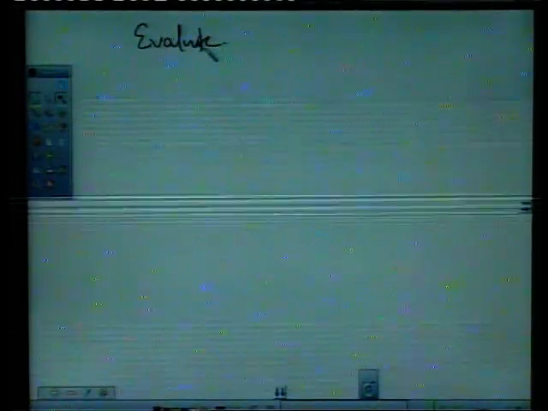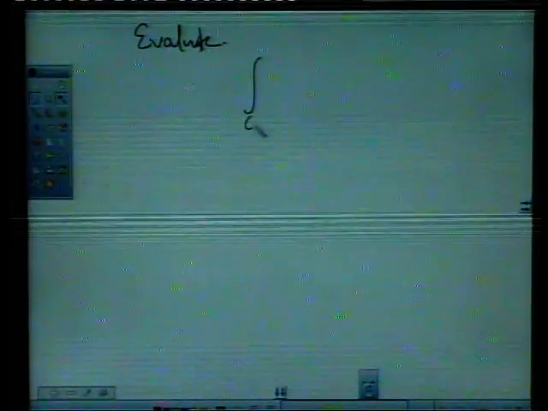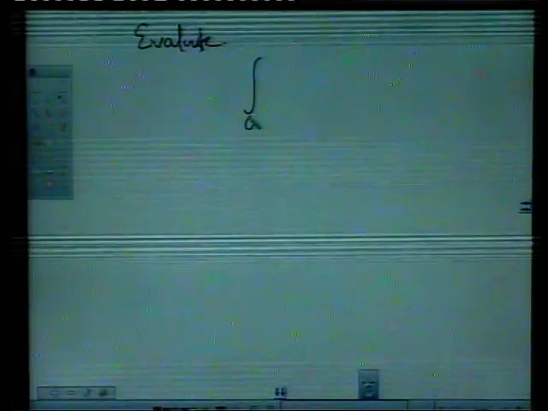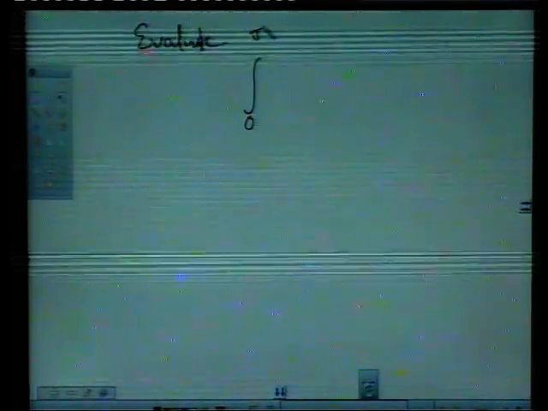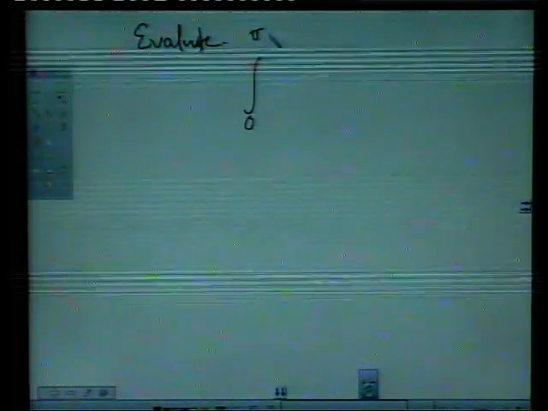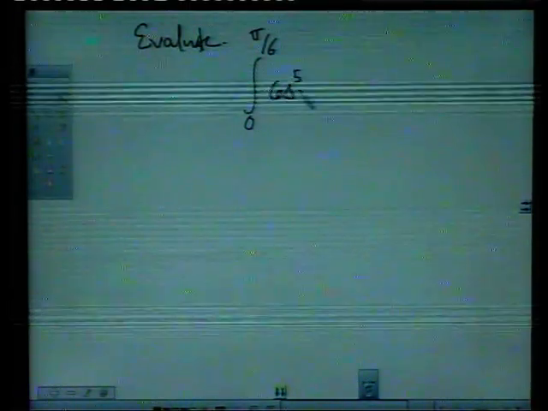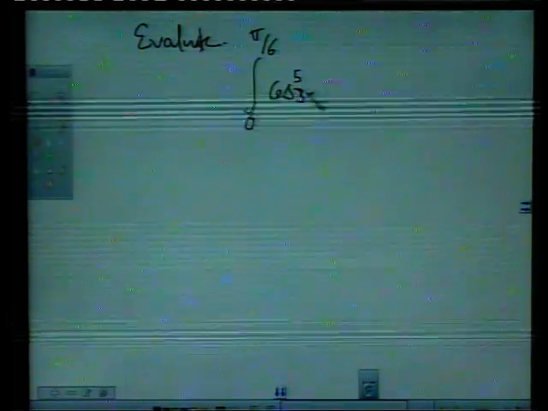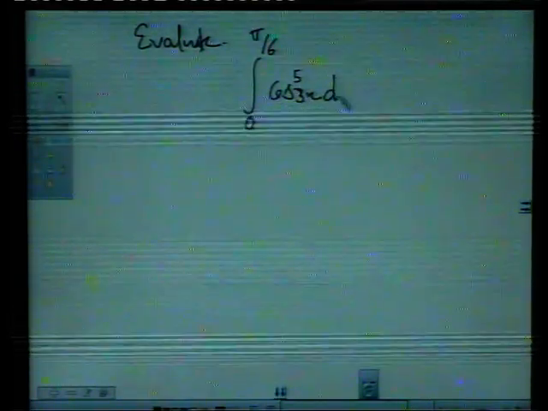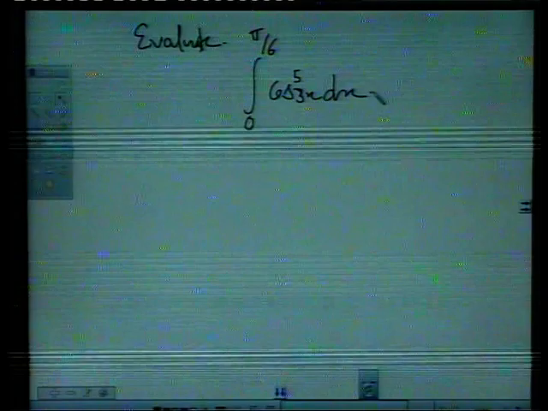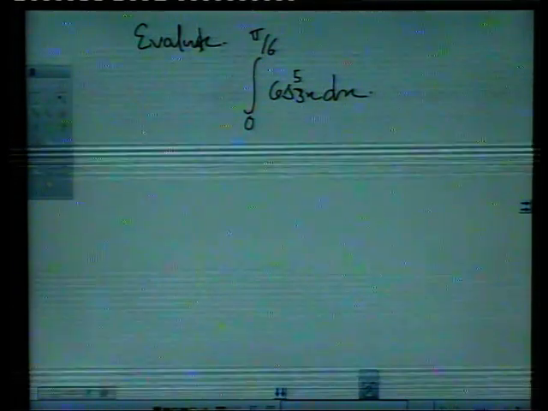Now, evaluate 0 to pi by 6 of cos 3x raised to power 5 dx. Right.